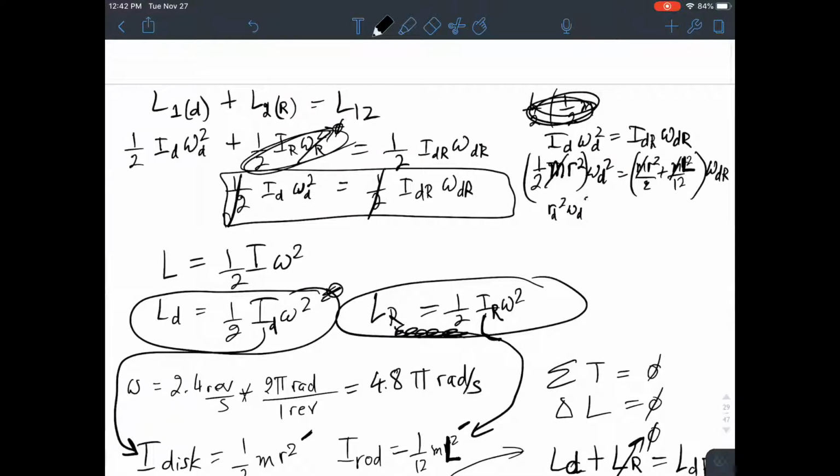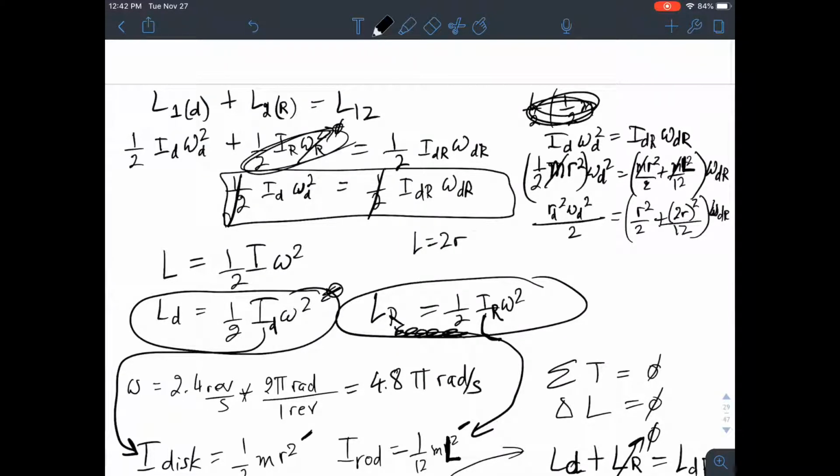radius of disk, of course, angular velocity of disk over 2 is equal to r squared over 2 plus, and let's think of the length as 2 times the radius, right? So 2r squared over 12 w dr, angular speed. Okay, it's starting to look kind of complex.